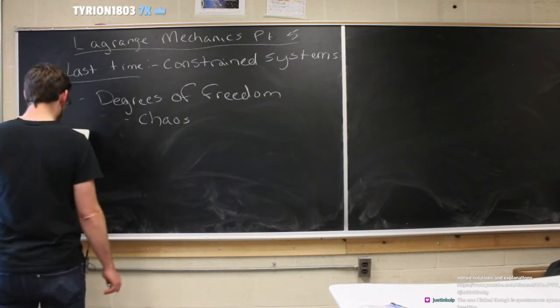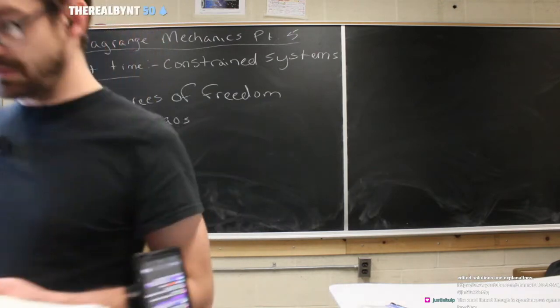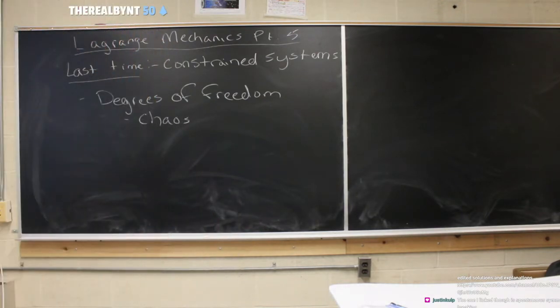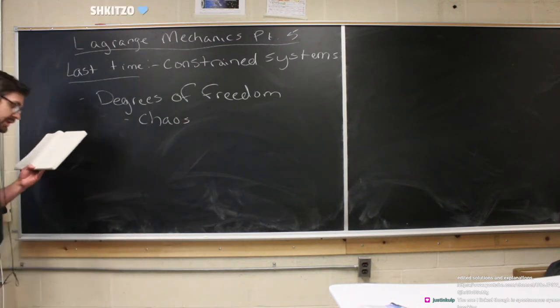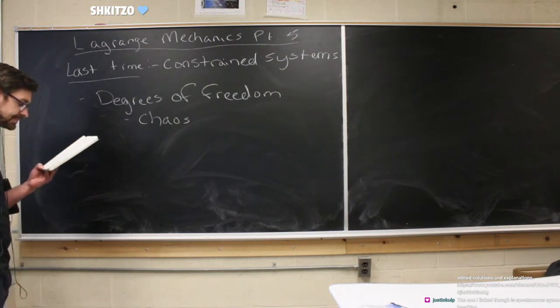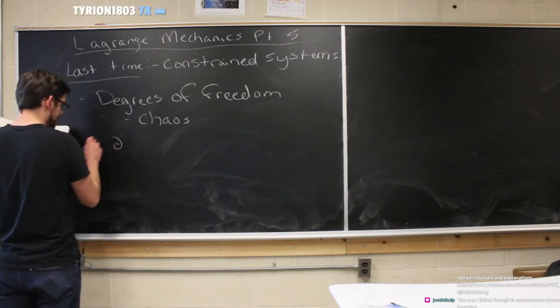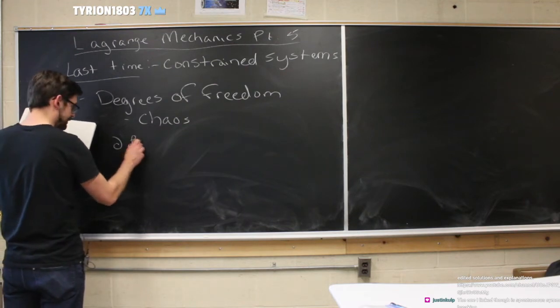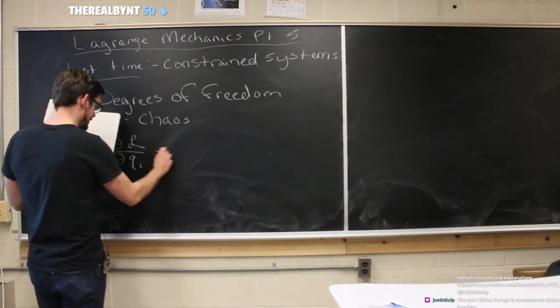And then we ended with a proof that basically said with any system with n degrees of freedom and n generalized coordinates, so the same amount of degrees of freedom as generalized coordinates, we can have n Lagrange equations of motion.